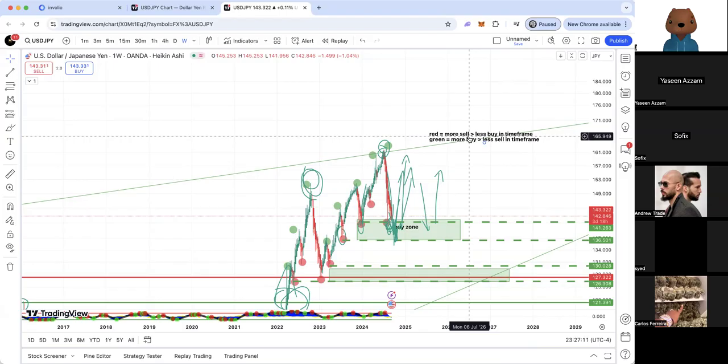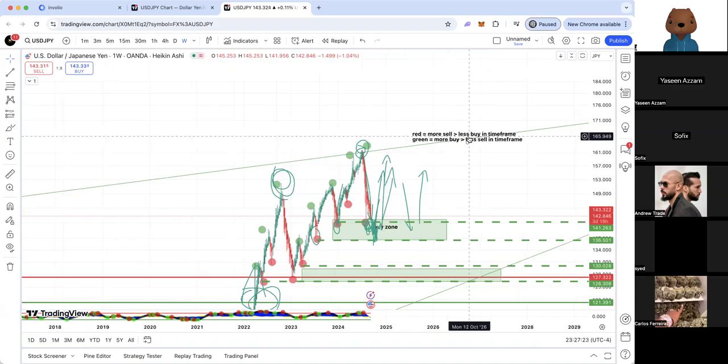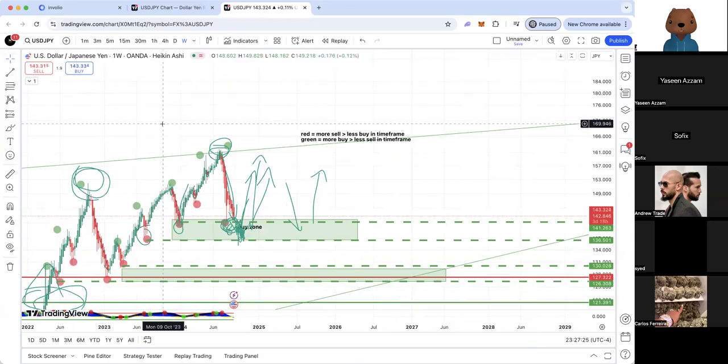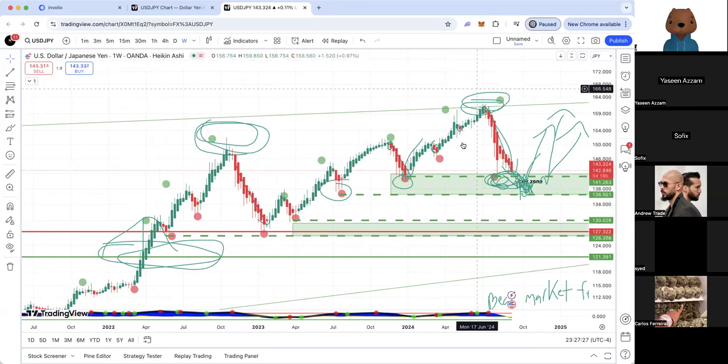That's what causes the price to go up and down. People have to trade. So red means more sell, less buy, and green means more buy, less sell. Red means bad for the price, so the price will go down. Green means good for the price, so the price will go up.